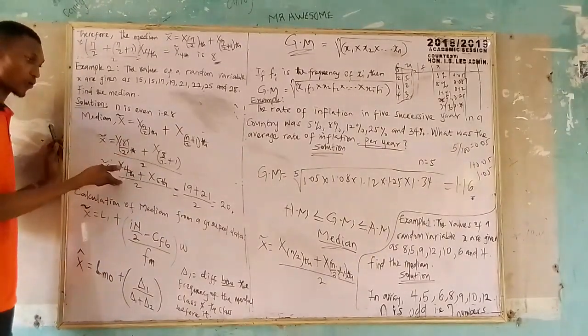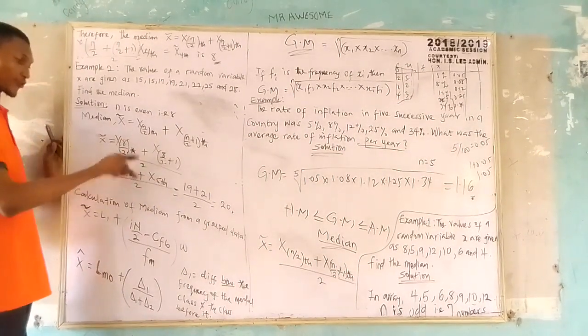What is 8 over 2? 4. And 4 plus 1 is 5, so you pick the 4th and 5th values.